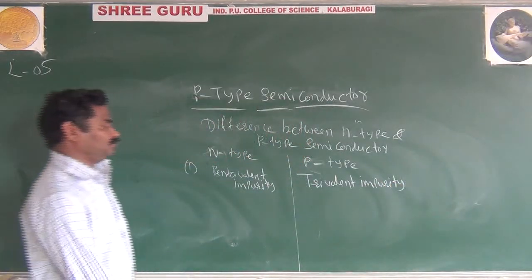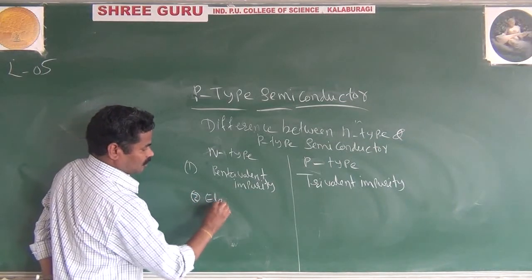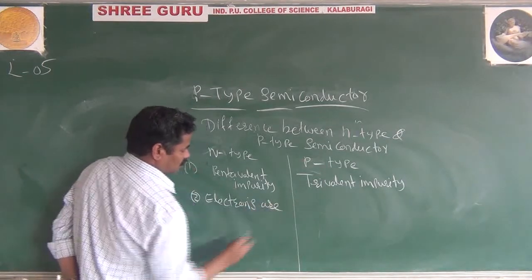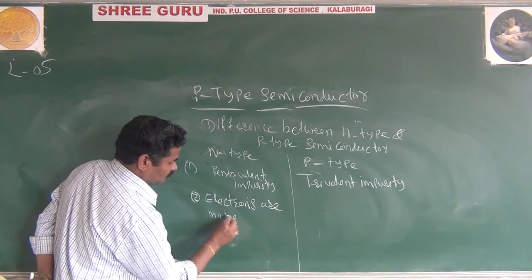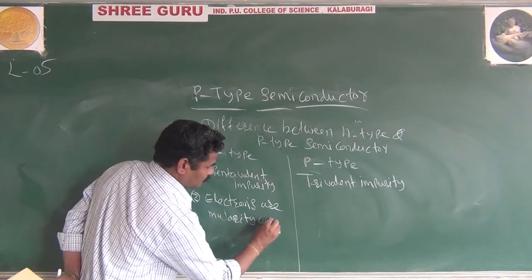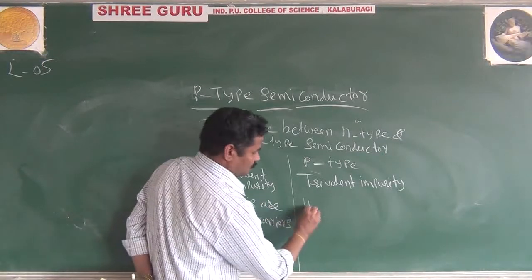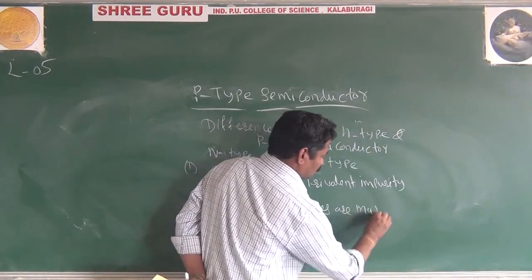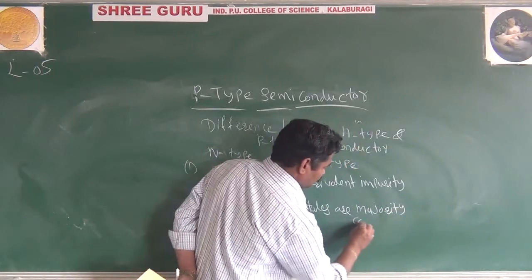And as usual, in N type, the electrons are majority carriers. But here the holes are majority carriers.